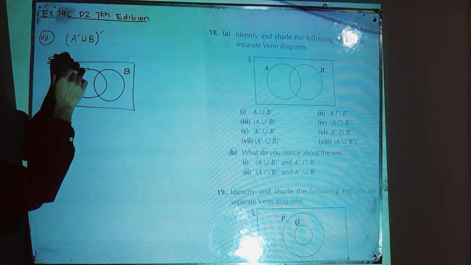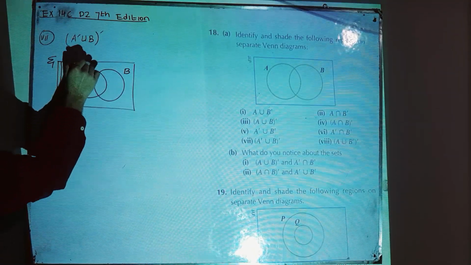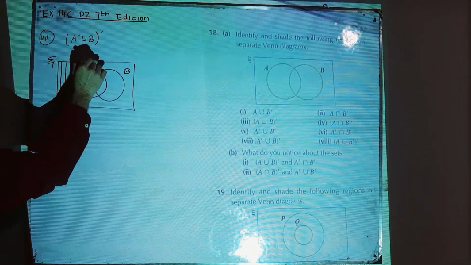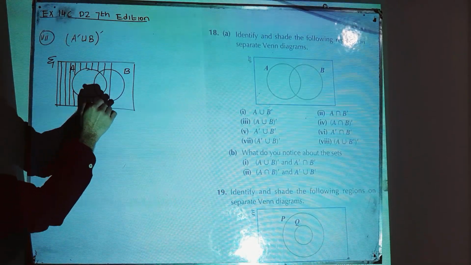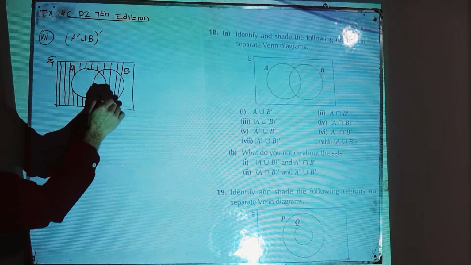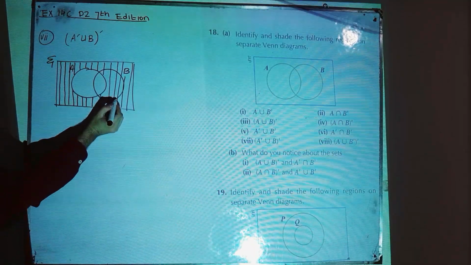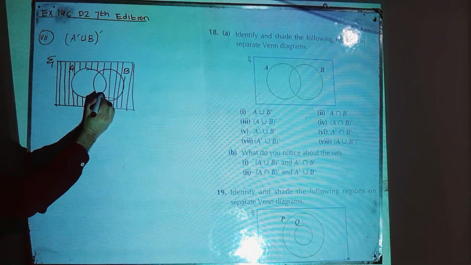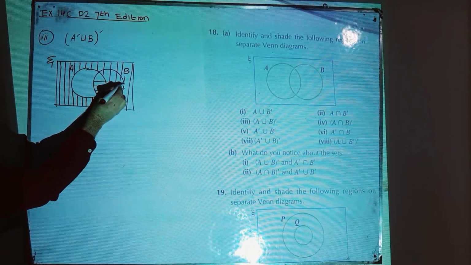The vertical lines are representing A complement. Then B: shade B with horizontal lines.